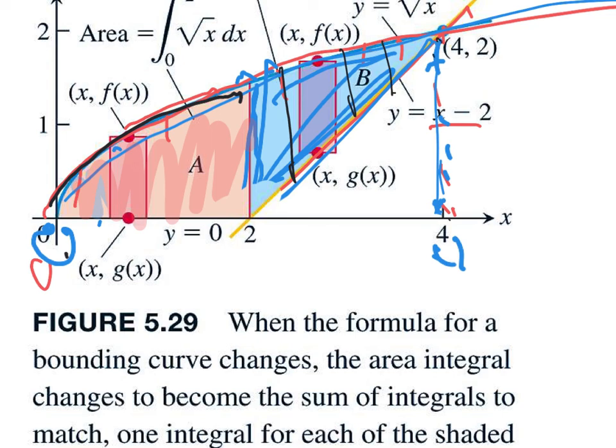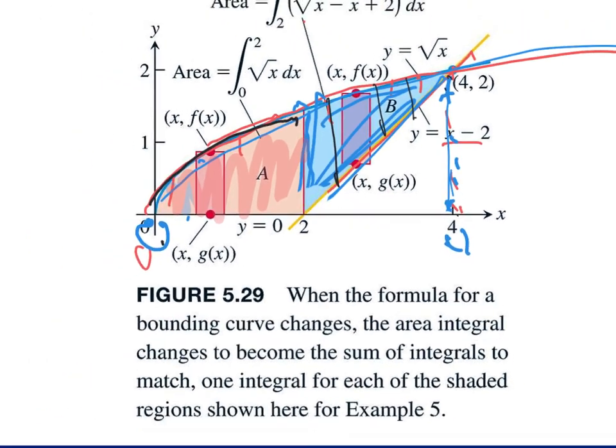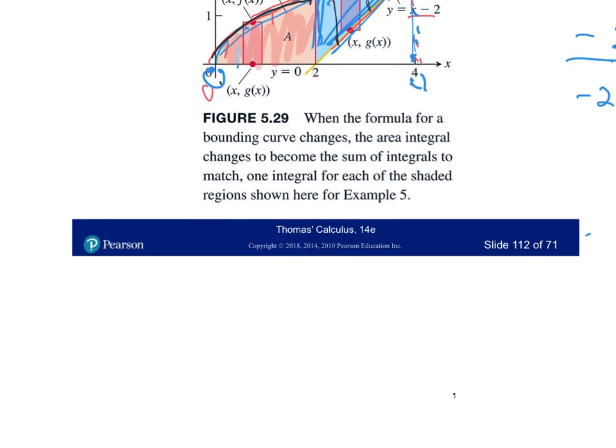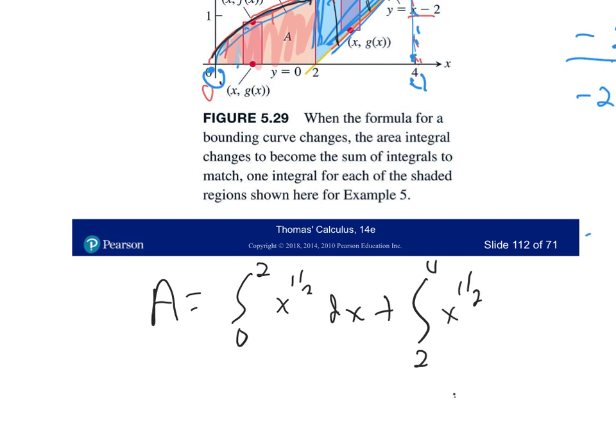Okay? So let's try to do this. Okay, I'm going to attempt the impossible. My area will be that first region from 0 to 2 of only x to the half dx. Then I'm going to add to that from 2 to 4 of the top function, which is x to the half, minus the bottom function, which is y equals x minus 2.